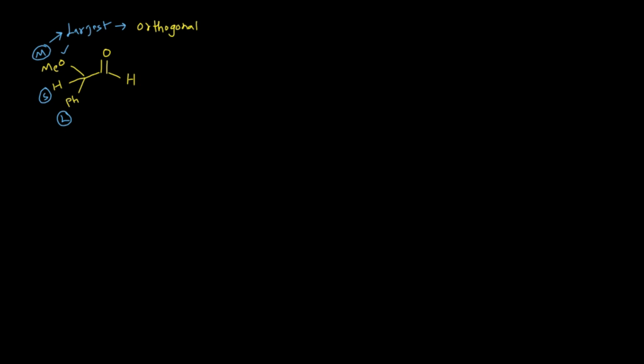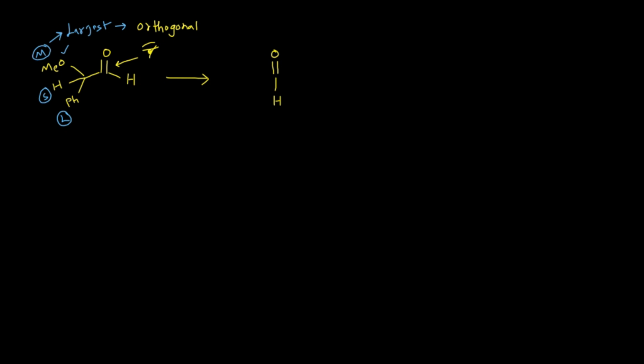So we can quickly draw the Newman conformation for this one. Okay, and this time say I am looking at my molecule from this end. I am looking onto this particular carbon. So this carbonyl carbon is basically your front carbon in that case. If it is the front carbon, then I can quickly draw that front carbon like that. This is the carbonyl carbon, and because it is an aldehyde, hydrogen is connected with this one.